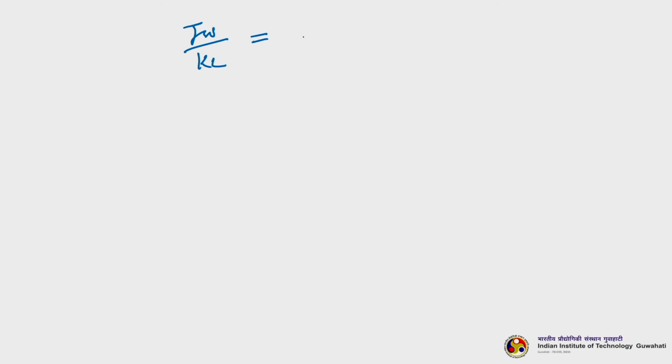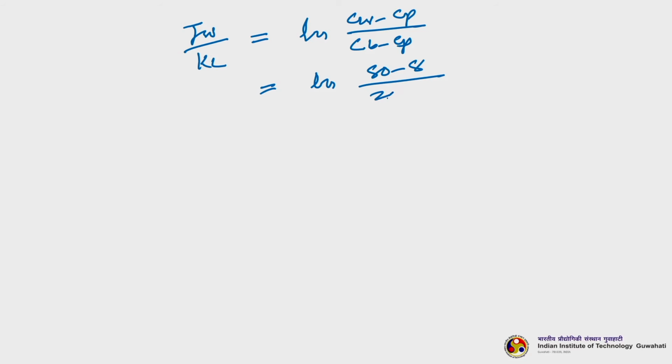So, Jw by Kl equals ln of Cw minus Cp divided by Cb minus Cp, which is ln of (80 minus 8) divided by (20 minus 8). That is nothing but 1.791, but you know Jw is given, so you can calculate Kl.